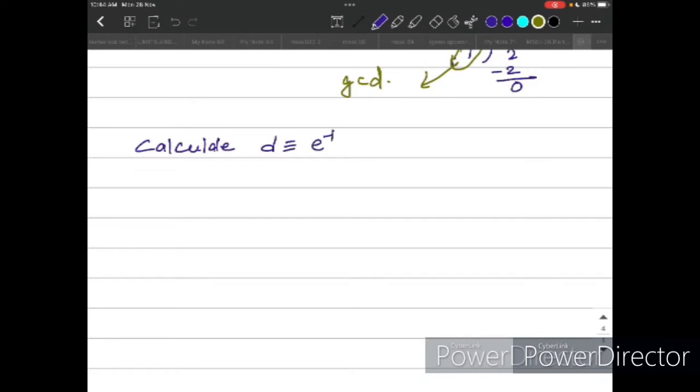Calculate. D equal to E inverse mod of phi of n, or D into E equal to 1 mod phi of n.